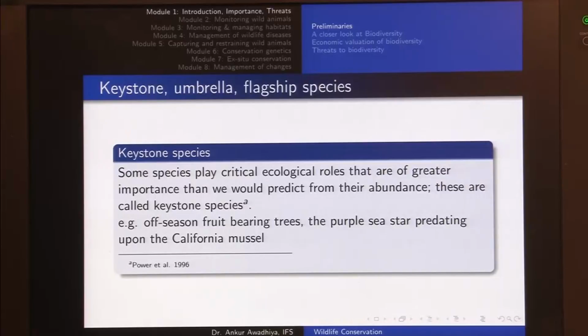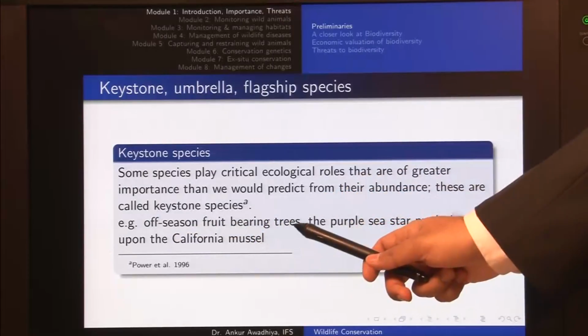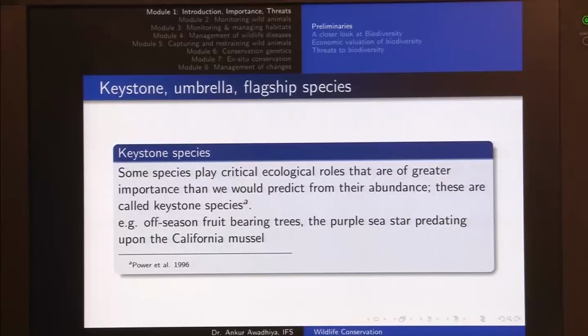Examples include off-season fruit bearing trees, the purple sea star that is predating upon the Californian mussel, or species such as tigers. If you consider off-season fruit bearing trees, an example could be trees of the ficus species.